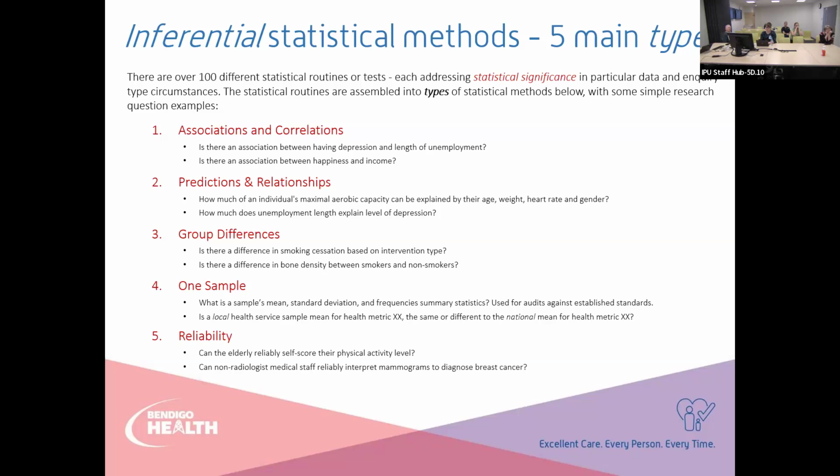For research, one of the main useful things in statistics for researchers is predictions and relationships. A lot of that, you've heard of regressions, linear regression, logistic regression and things like that. Those kinds of techniques are useful when you have a whole bunch of variables and you want to see which variables affect other variables.